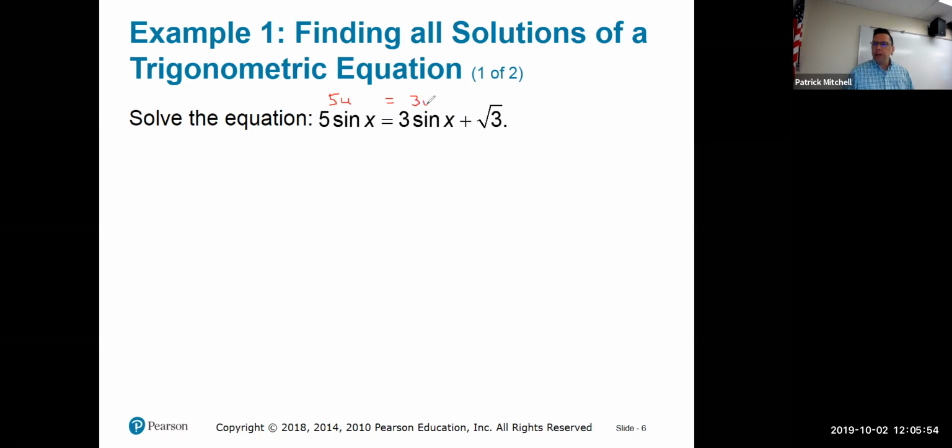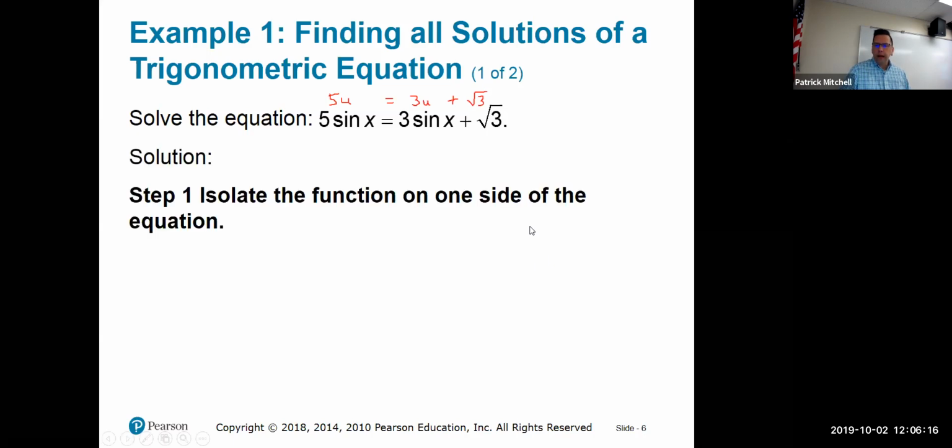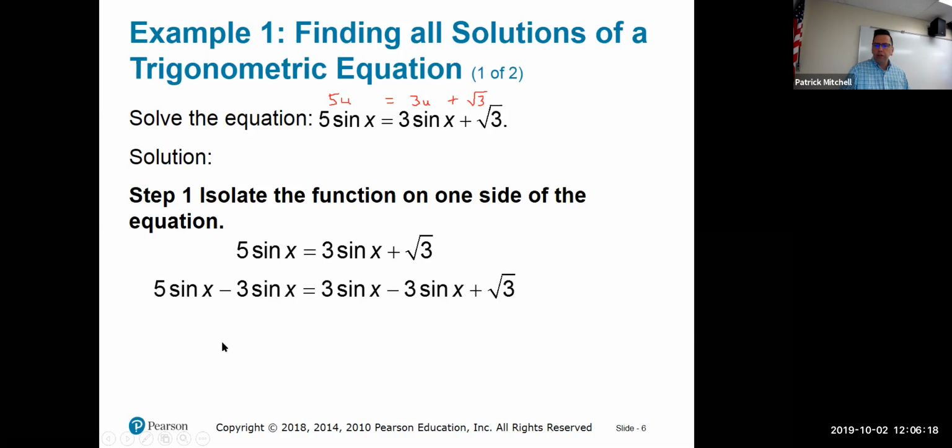With linear equations, you get all of the variable terms on one side and all of the constant terms on the other side. If this was 5u equals 3u plus the square root of 3, the first thing I would do is subtract 3u from both sides. So that's what I'm going to do here: subtract 3 sine x from both sides.